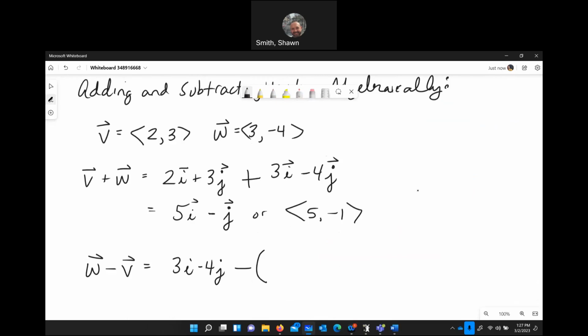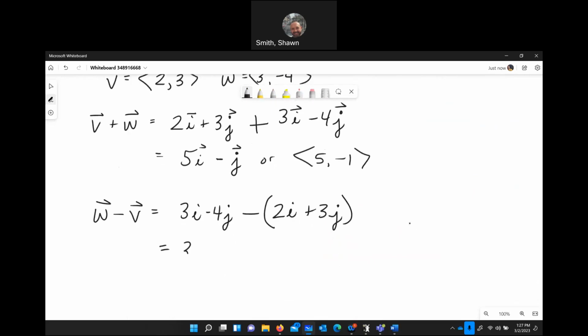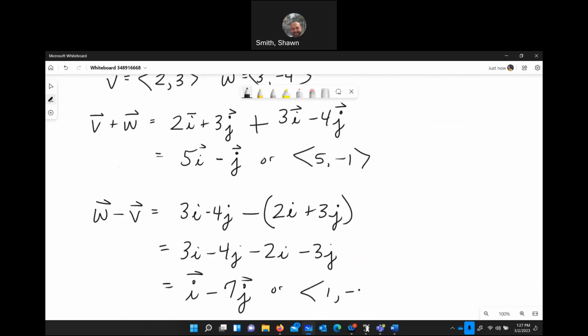That's why I got to put parentheses around 2i plus 3j. And if you got parentheses, minus parentheses, you got to distribute across to get rid of the parentheses. So that'll be 3i minus 2i is 1i. Negative 4j and negative 3j is negative 7j. Or if I want it back in component form, that's going to be 1 comma negative 7.